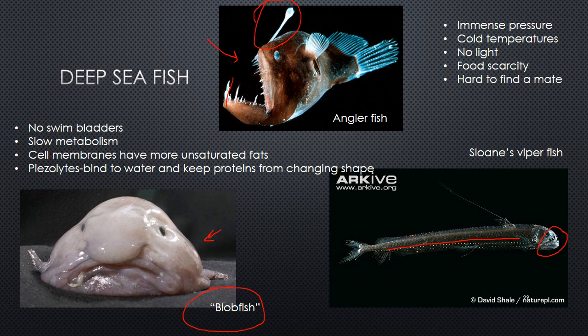But he is called the blobfish, and he actually has a lot of those unsaturated fatty acids throughout its body. So those are just some unique features of fish that live in the deep sea. Just something to be thinking about that maybe we don't talk about very often, and there's so much more to learn about that area. So I'm excited to see what comes next when people discover more fish and more organisms that live in the deep sea.